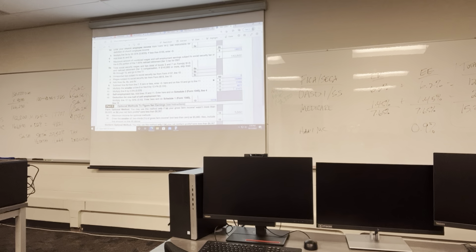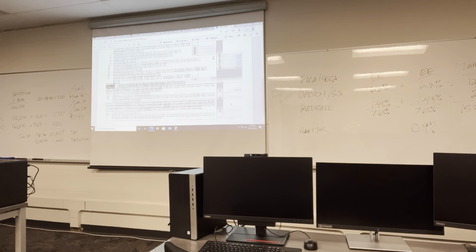So this goes on Schedule 2 under other taxes, that gets transferred to the 1040 for an additional tax. This gets transferred to the Schedule 1 under adjustments, and then ultimately gets transferred to the 1040 as an adjustment to income, a for-AGI adjustment. So it reduces AGI.